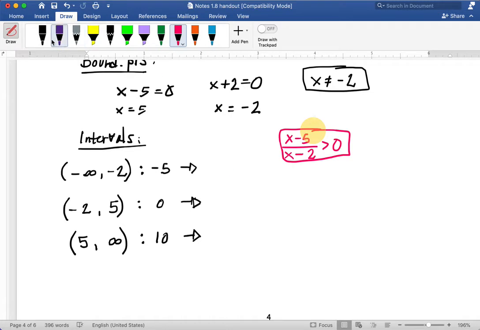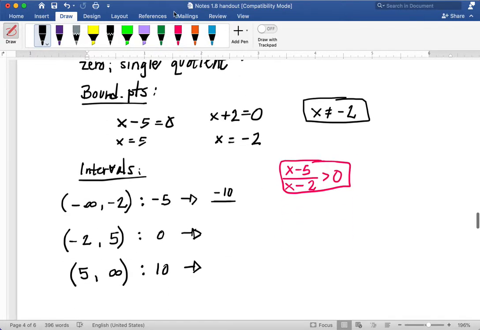All right. I'm going to go back. x minus 5. If x is -5, well, -5 minus 5 is -10, over -5 minus 2. Is it -2 or +2? Nope, it's +2.